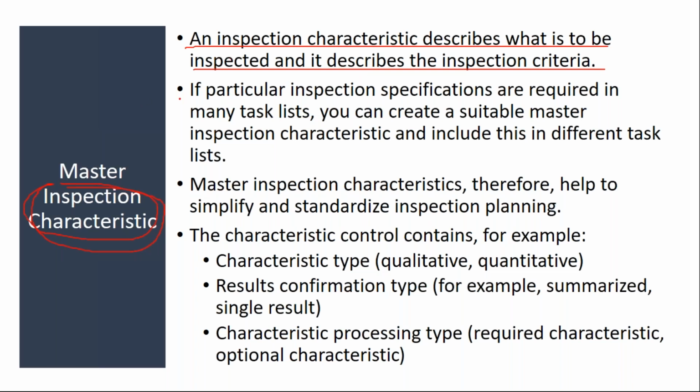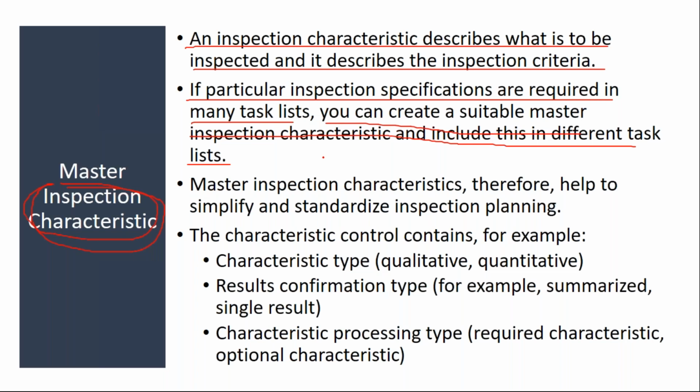Okay, if particular inspection specifications are required in many task lists, you can create a suitable master inspection characteristic and include this in different task lists. So suppose let's say you want to inspect the same parameter for different materials.